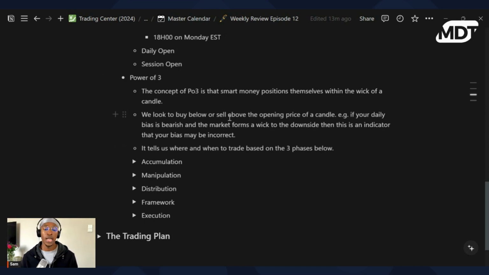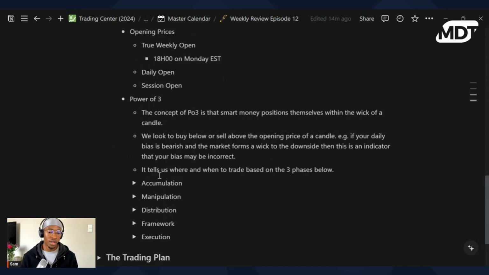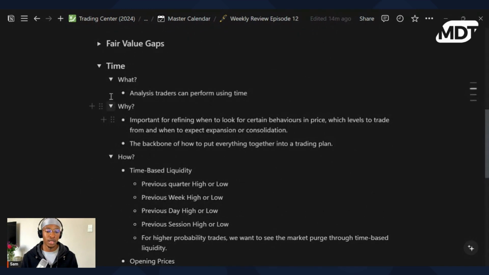For example, if your daily bias is bearish and the market forms a wick to the downside, then this is an indicator that your bias may be incorrect, because if we're wicking to the downside, more likely than not we're going to expand to the upside, and vice versa. So it basically tells us when to trade based on these three phases. And that, again, is something I've been explaining for a while.